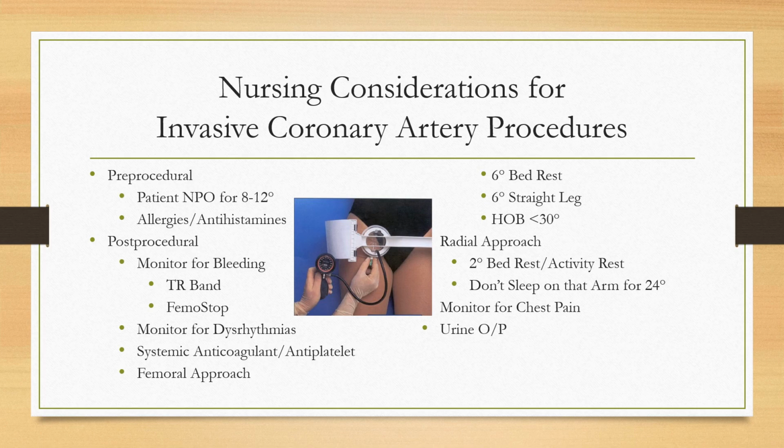Because of the coagulation cascade. So that's heparin or enoxaparin, okay? If the femoral approach is done, it's 6 hours of bed rest, 6 hours of keeping your legs straight, and you're usually supine, or the head of the bed is less than 30 degrees, okay? So I think that's it for this slide. Let's move on.